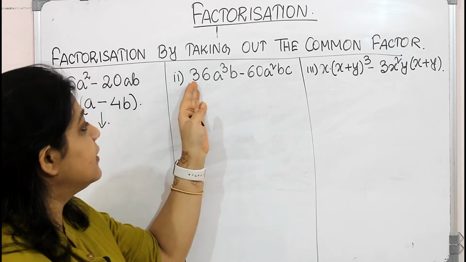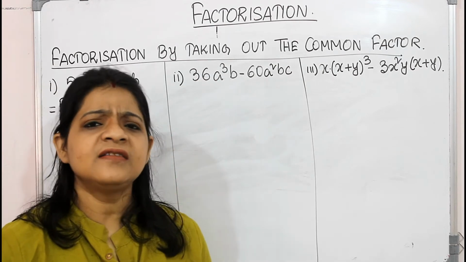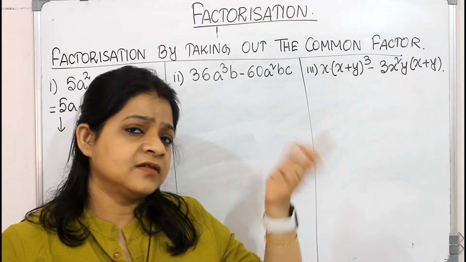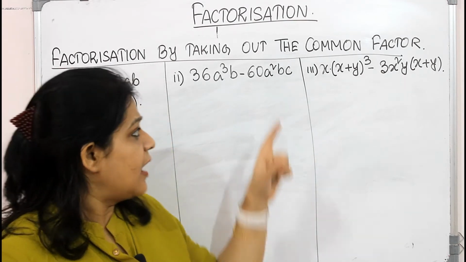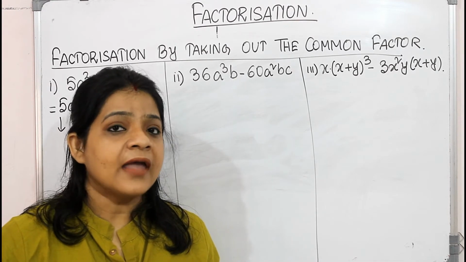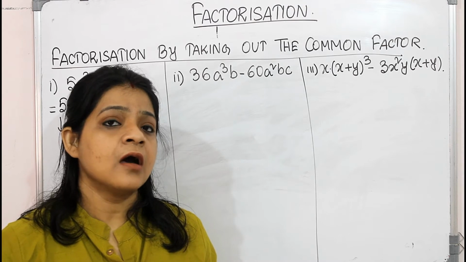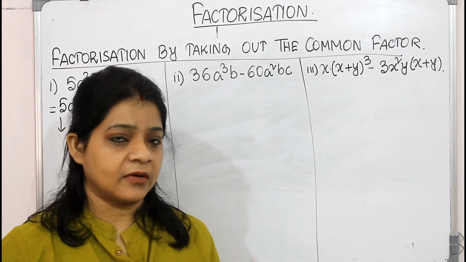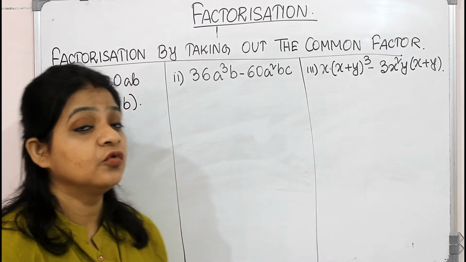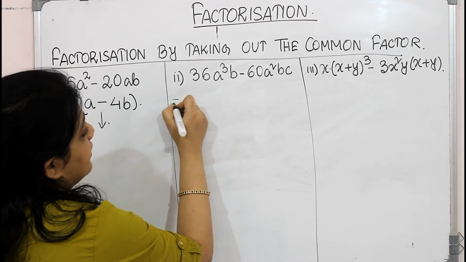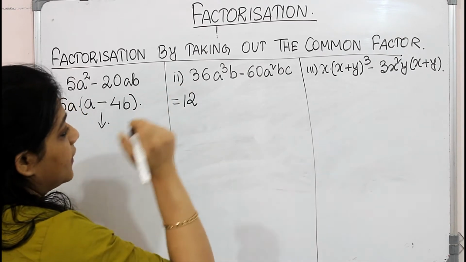Now 36 and 60. I think it is divisible, isn't it? 36 is divisible by 6 and 60 is also divisible by 6. So I can take 6 as the common factor, or I can take 12 as the common factor. That you have to judge. So can I take 12 here?